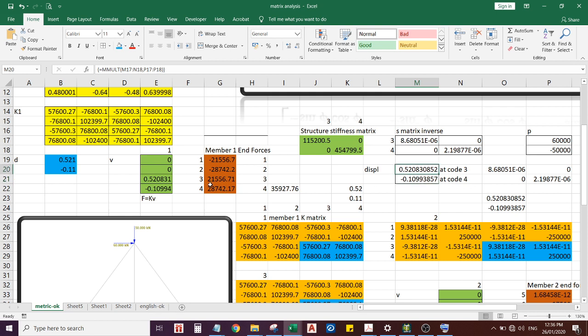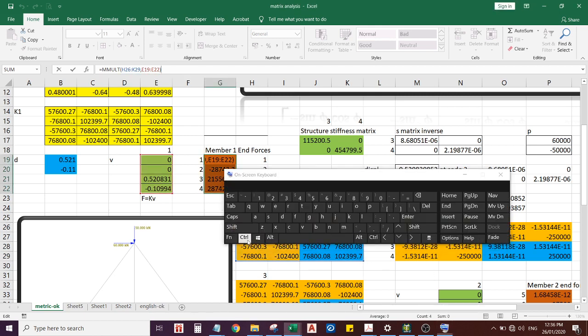Then apply the formula F equals kV. So as you will see, I'll select this. This is our K matrix, selected, and this is our V matrix or the displacement, which is this one. Same procedure, Control Shift Enter.